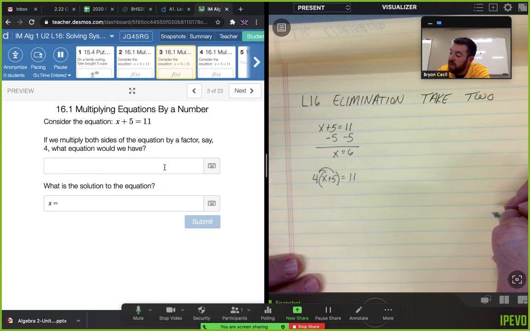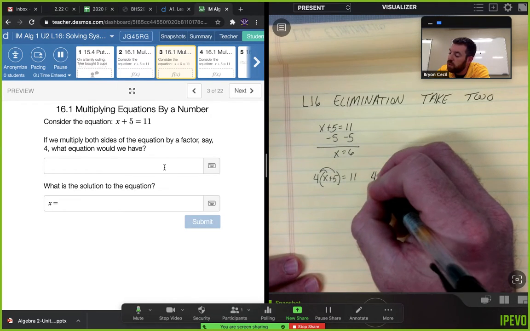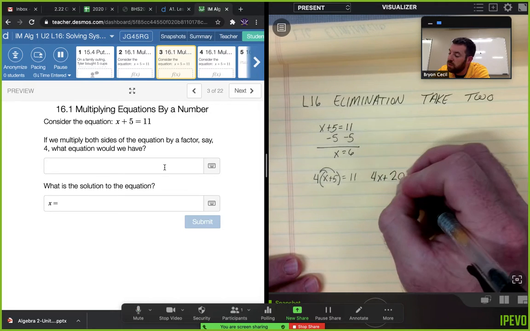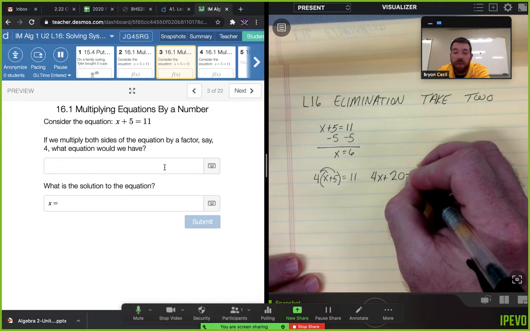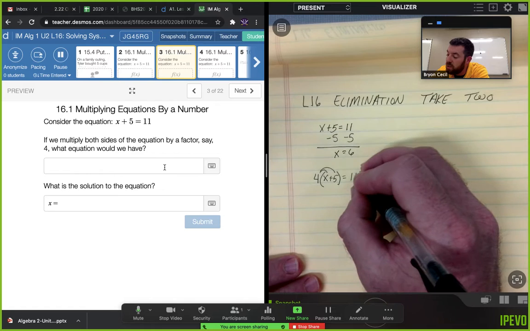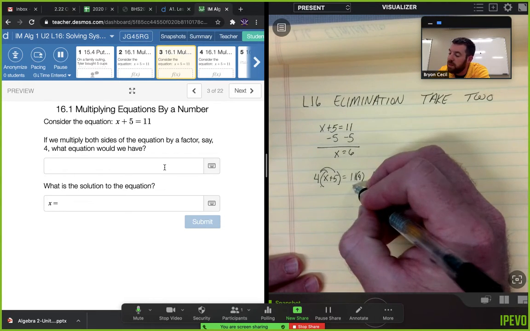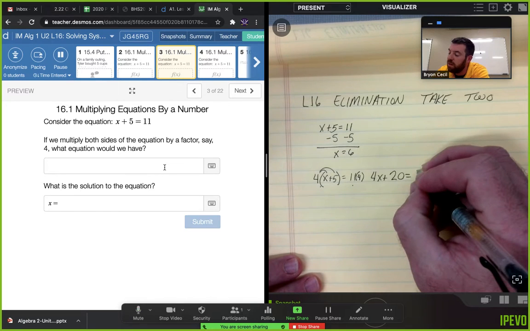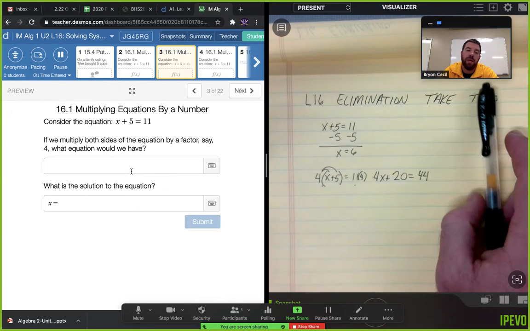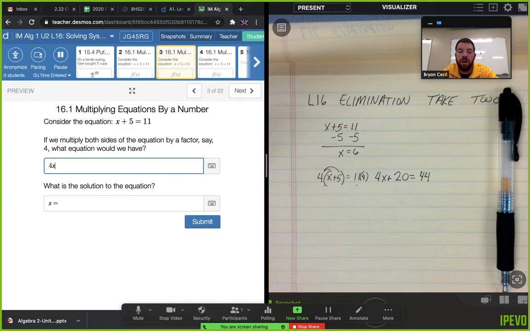So I'm going to have 4x plus 20 equals, and remember, and I forgot to put it down, we do it to both sides. What you do to one side, you do to the other. So now it's going to be 11 times 4, and I get 44. So I do have 4x plus 20 equals 44.